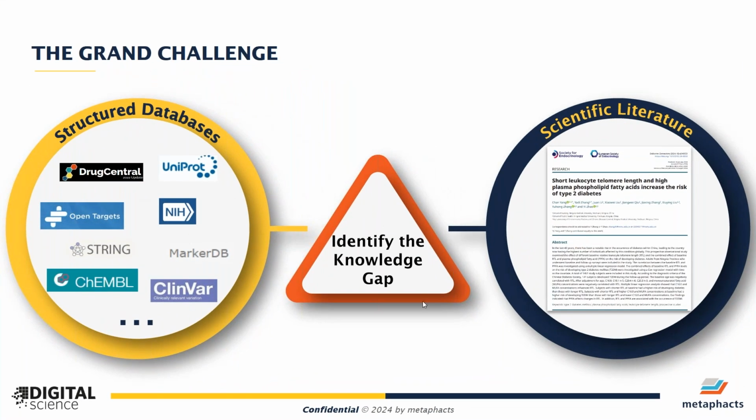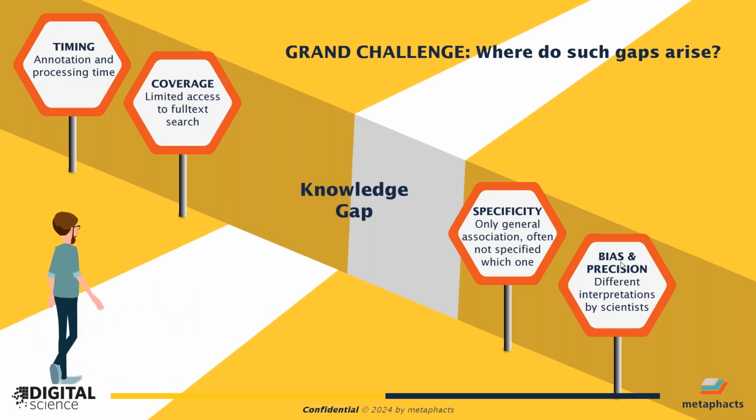This is our grand challenge. The systems, the structured databases, and the text, and the gaps that we want to address. I already mentioned timing and coverage, but there are two more that I would like to mention. One is specificity.